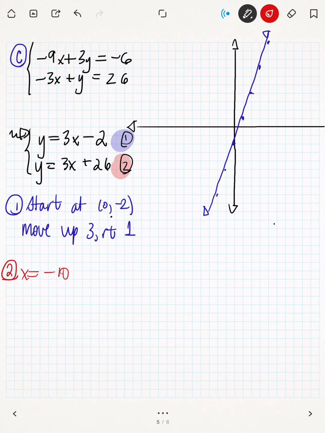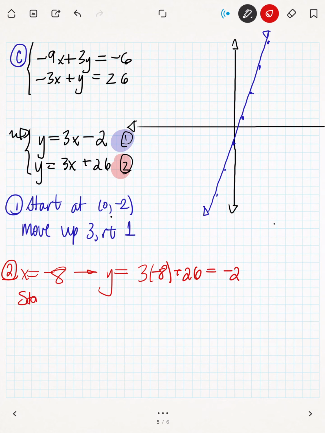I think on your grids it goes up to negative 8, right? So let's do negative 8 instead, so you can graph it on your grid. I get 3 times negative 8 plus 26, which is negative 2.